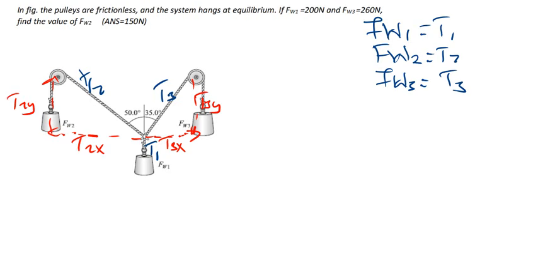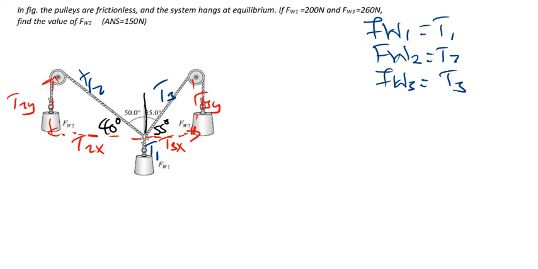One thing we have to understand here is that the angle from this point all the way to that point is 90 degrees. So to find the angle we are going to use here, I'm going to say 90 minus 50, that is going to be 40 degrees. Then here 90 minus 35, then I'm going to have 55 degrees here.